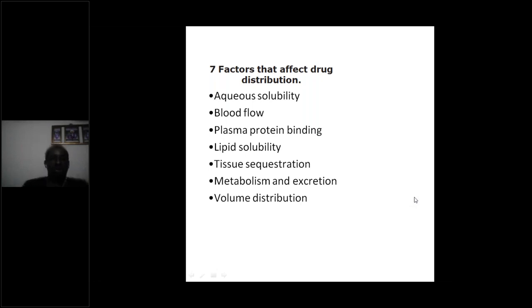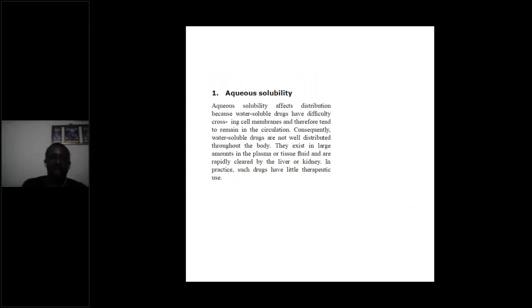So let's look at the aqueous solubility. We say that the aqueous solubility, how soluble the drug is in water, impacts on the drug distribution. Any drug that is highly soluble in water has difficulty crossing the cell membrane, and therefore it tends to remain in circulation. The cell membrane is more of a lipid environment, so any drug that is water soluble has problems crossing it.